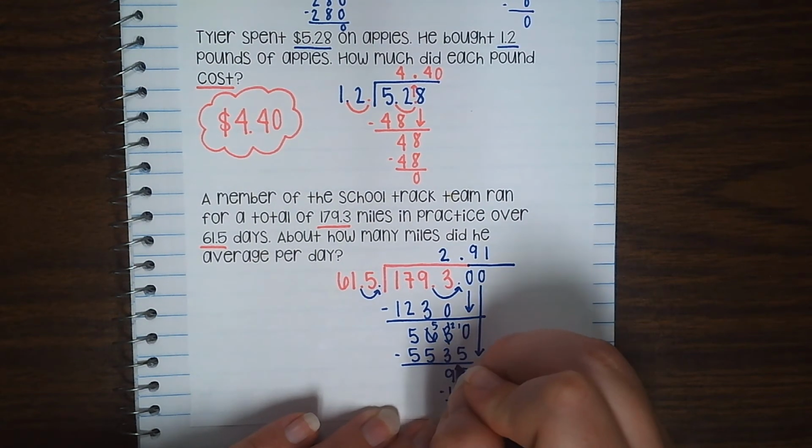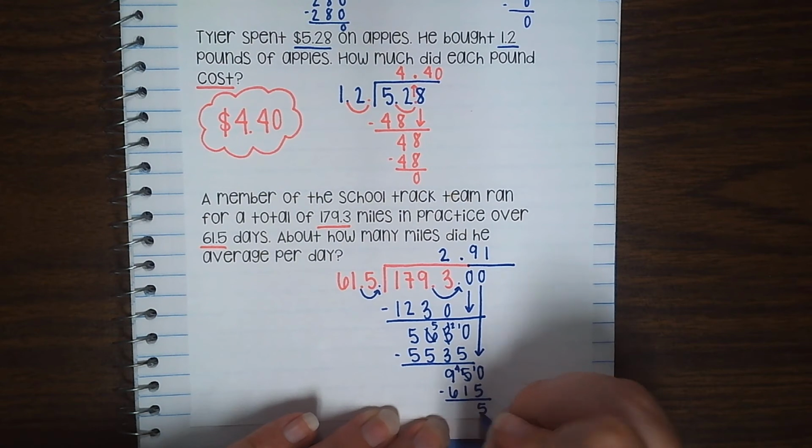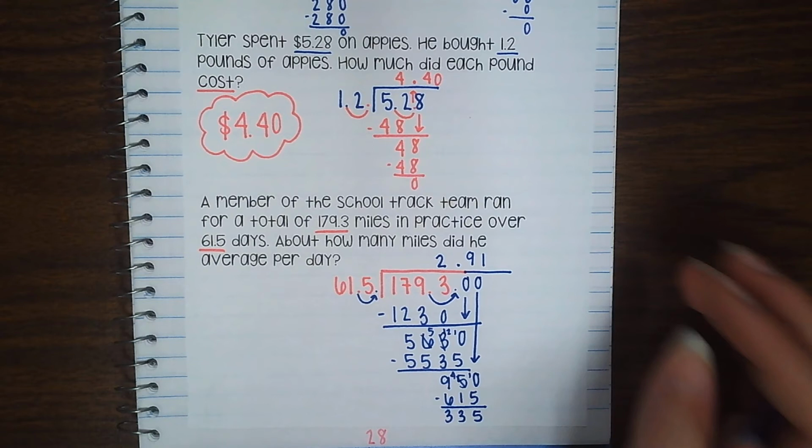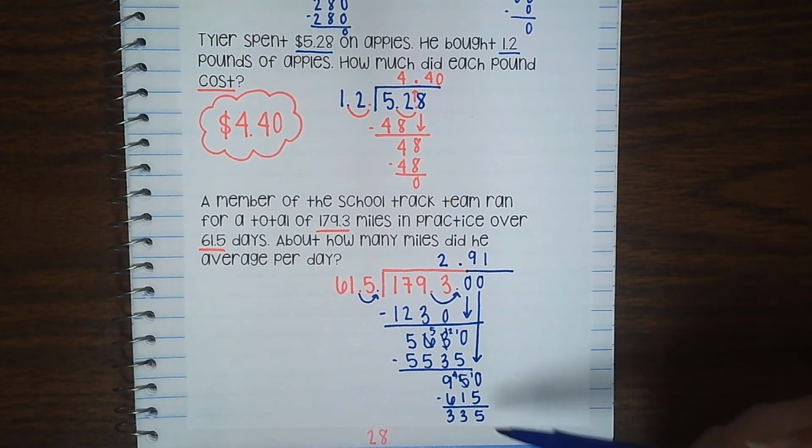Subtract that. We get 335. And we are running out of room.